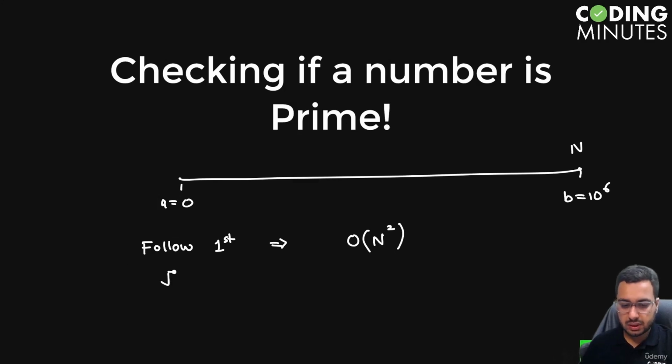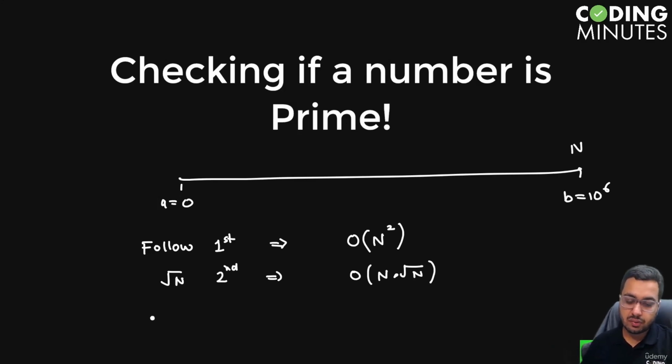If you follow the root n method, the second approach, you will still need to iterate over all the numbers, order of n, and check if each is prime, that is n into root n. Still it's not that efficient.